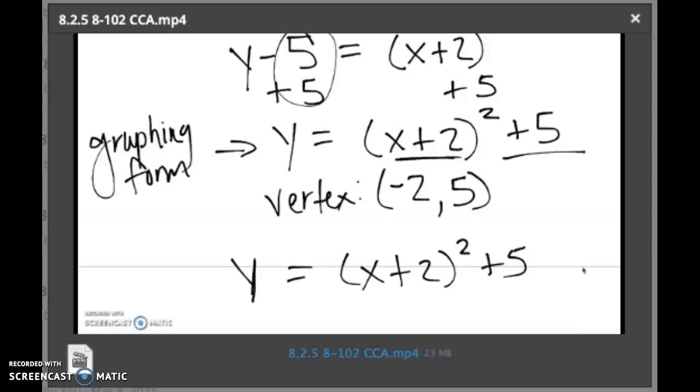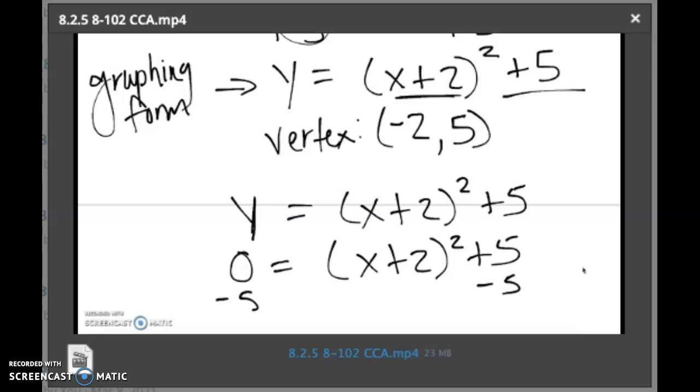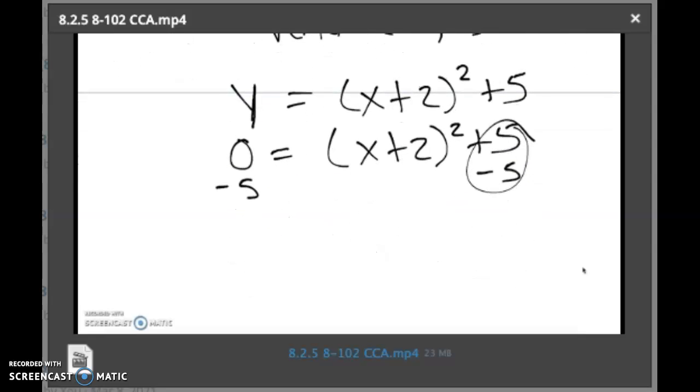So I am going to just substitute 0 in for y. All right, and then I'm going to just undo everything happening to x until I get it by itself. So I'm going to subtract 5 from both sides. Negative 5 equal to x plus 2 squared. And then now I need to undo that square.